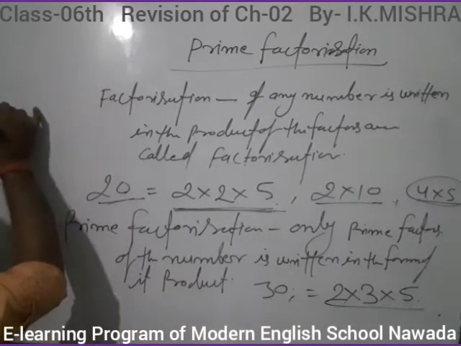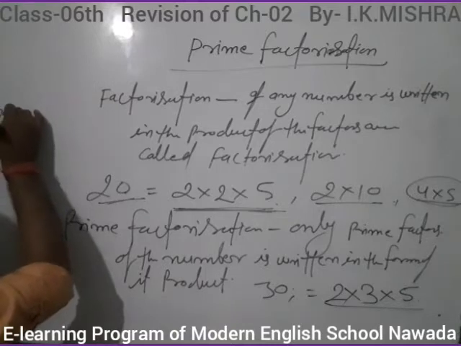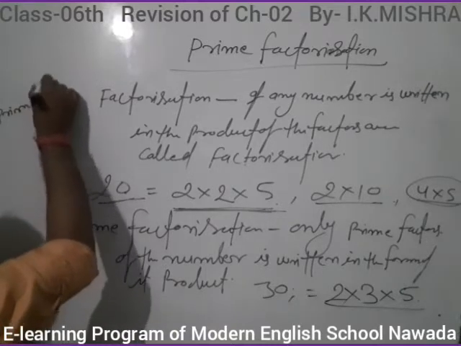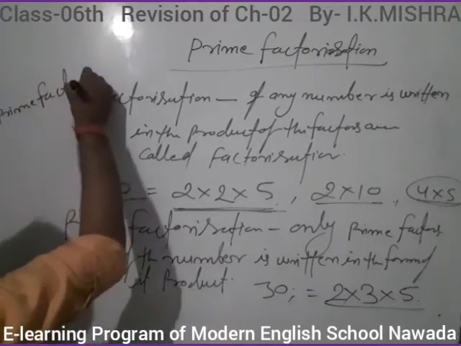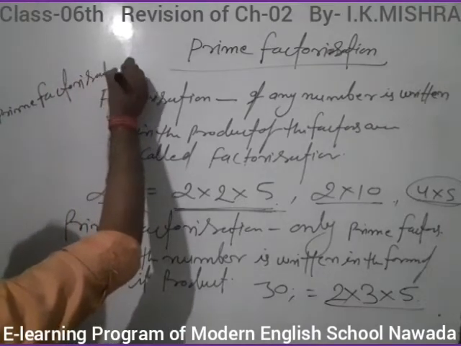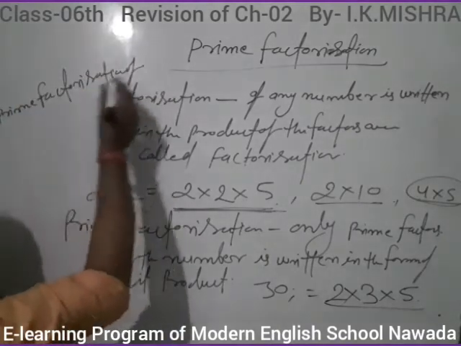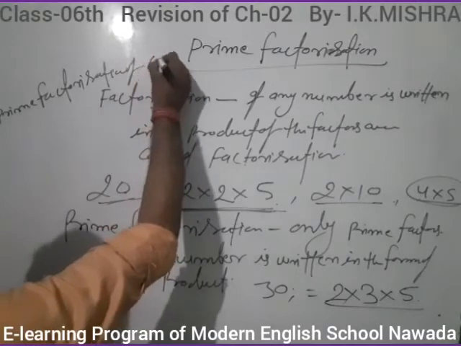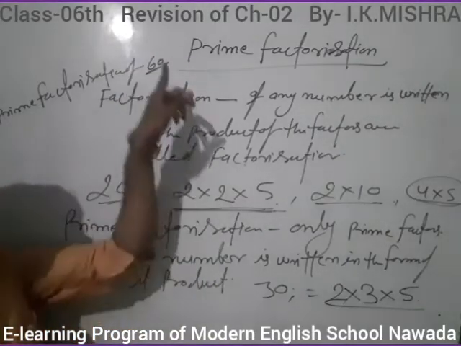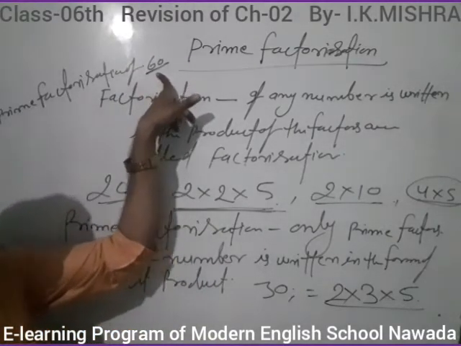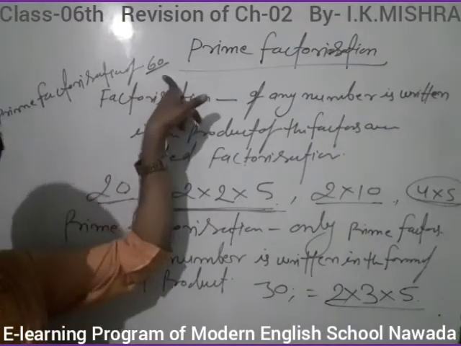Now I write a number here. Prime factorization of 60. Here the number is 60 and you have to write the prime factorization of 60.